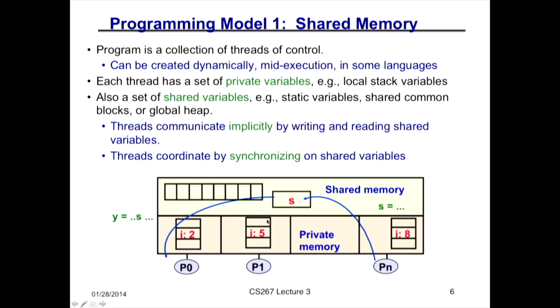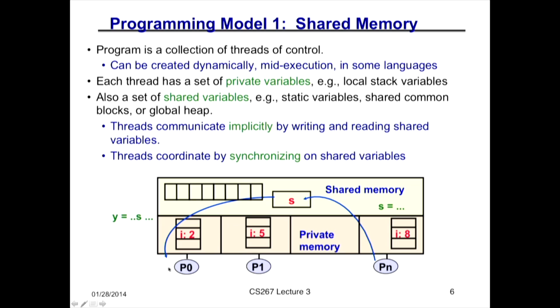Here's a cartoon of what the memory is going to look like. I have n+1 processors. Each one has some private memory. The orange stuff here is the values that are only visible to processor 0. When processor 0 refers to variable i, it is 2. When processor 1 refers to variable i, it's 5. Nothing to do with one another. Up here is the shared memory. These are the variables that are declared statically.